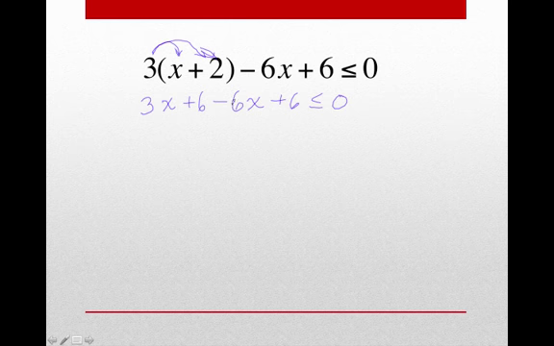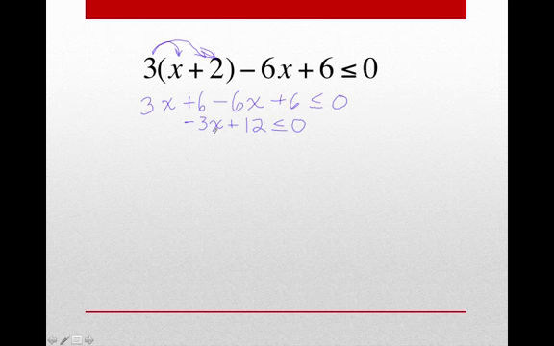Now, I've got lots of stuff over here, only one thing over here, so that's good, but I need to get this down to just two things on the other side of my inequality sign. So I'm going to combine my 3x and my negative 6x. Combine those, they give me negative 3x. I've got a 6 and another 6, so I've got a plus 12 is less than or equal to 0.